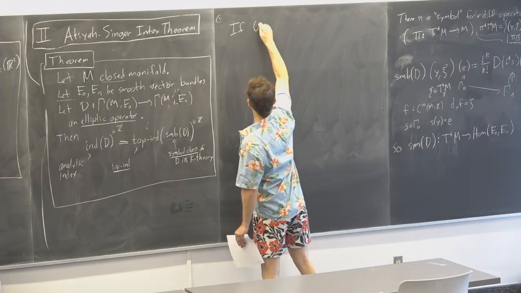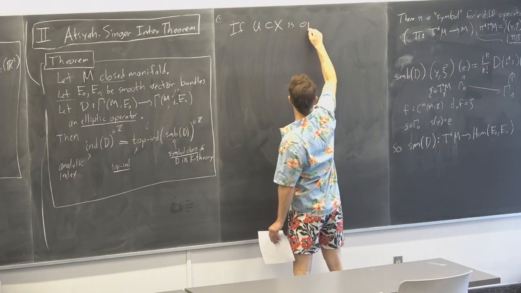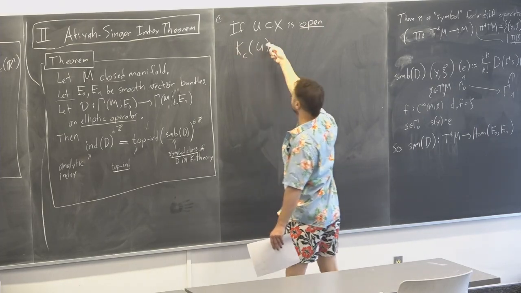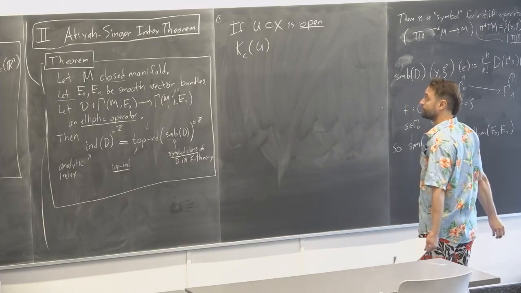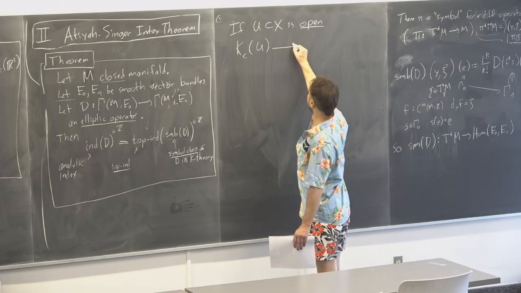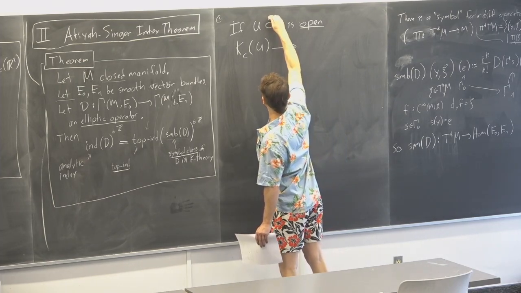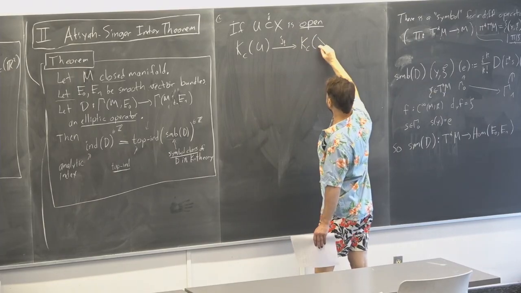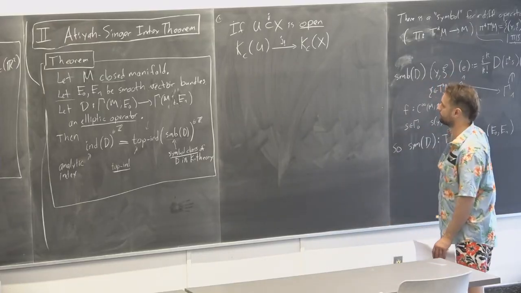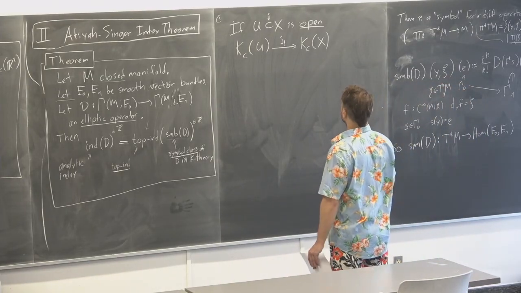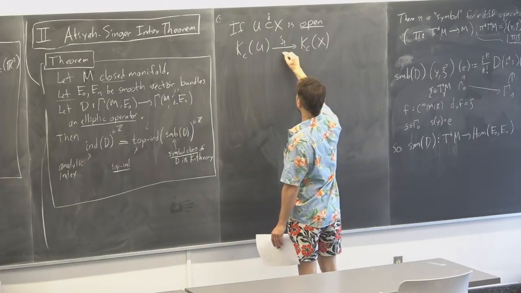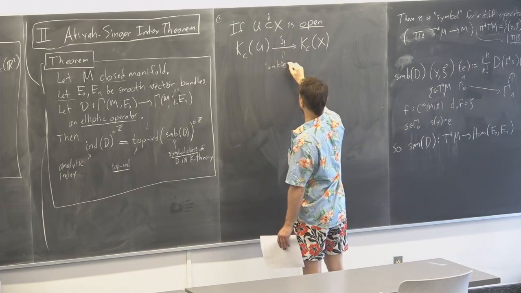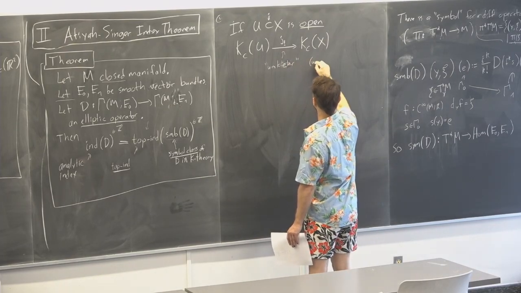So if U subset of X is open, then we get a map from the compactly supported K-theory of U, because if it's supported on a compact subset of U, then it's supported on a compact subset of X. So let's call this inclusion j, and we get something called j bang going the wrong way. K-theory is contravariant, so the map should be going the other way. This is going the wrong way. We tend to call things like this, at least in Germany, an Umkehr map, meaning wrong way map.